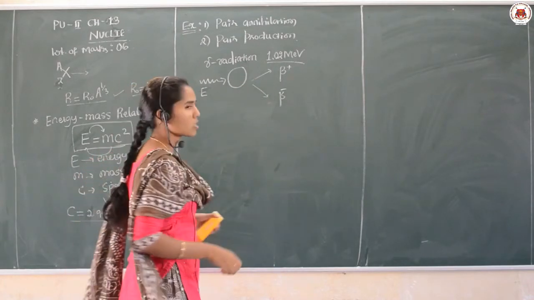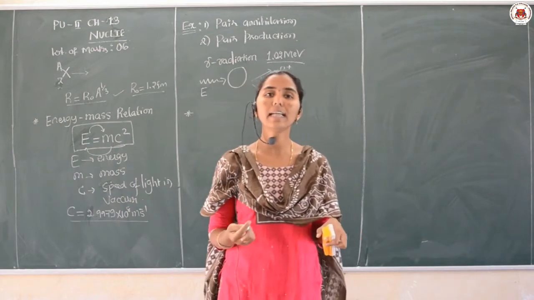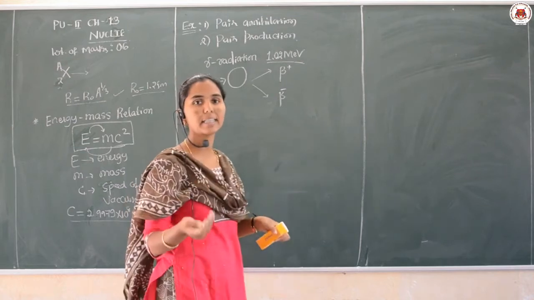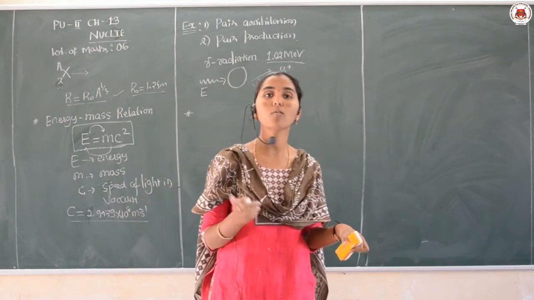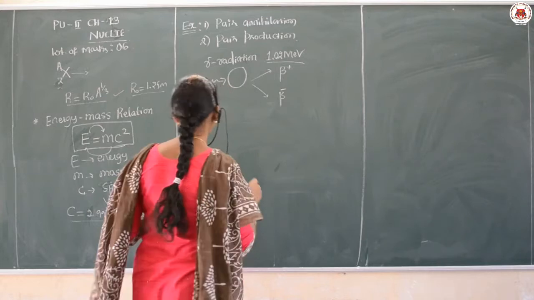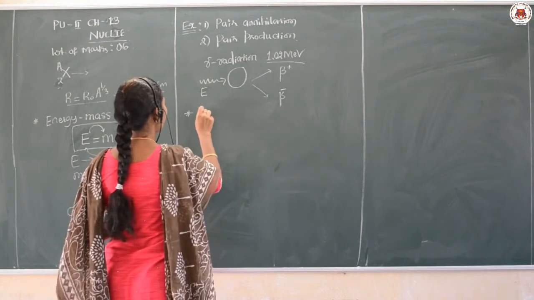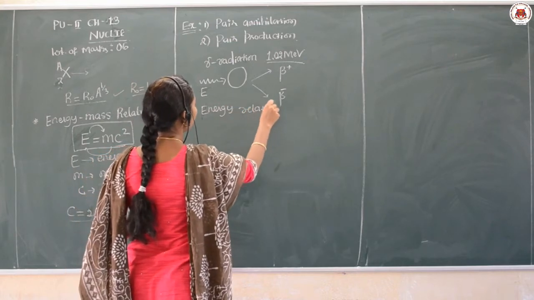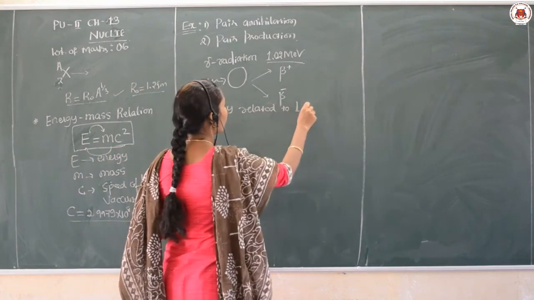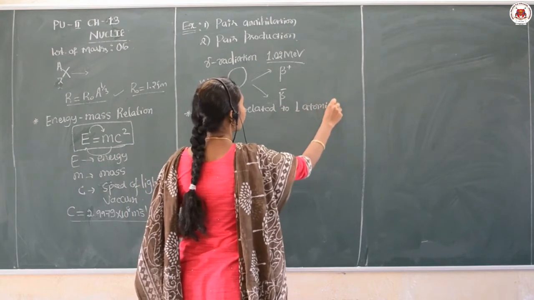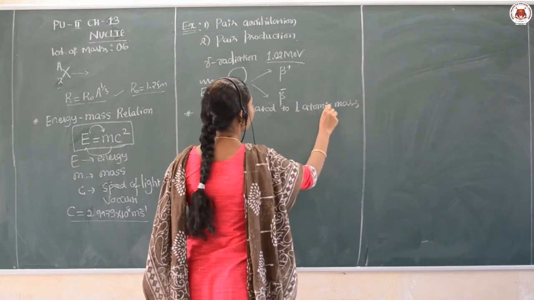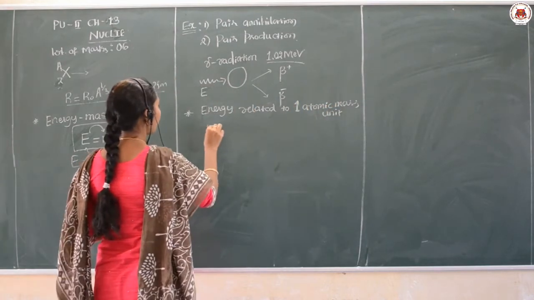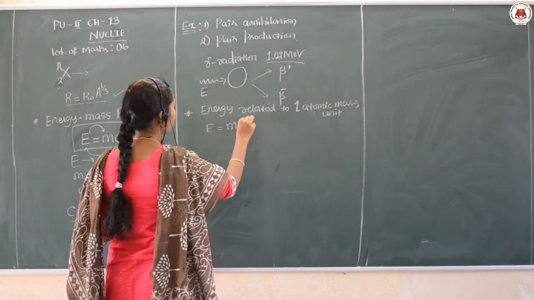Now let us talk about the energy related to one atomic mass unit. How much energy can we take for one atomic mass unit? Yes, we have the formula E is equal to mc square.